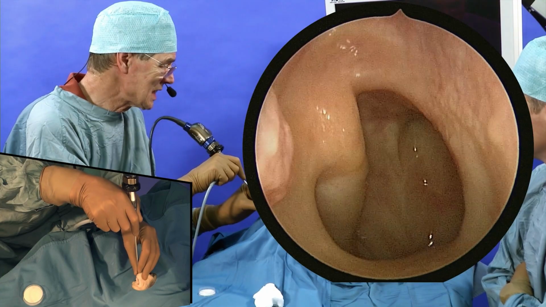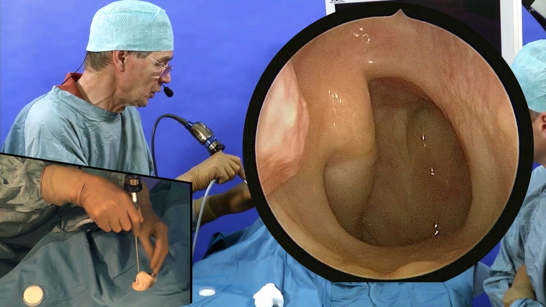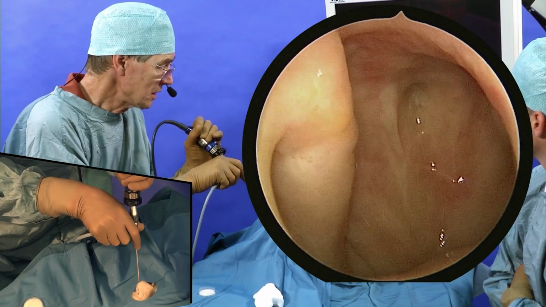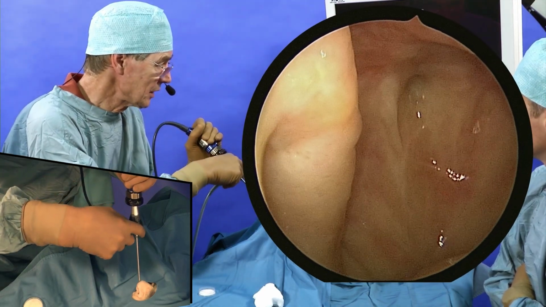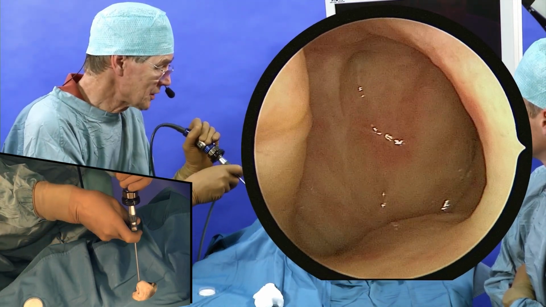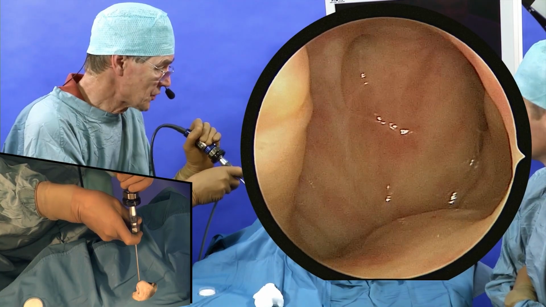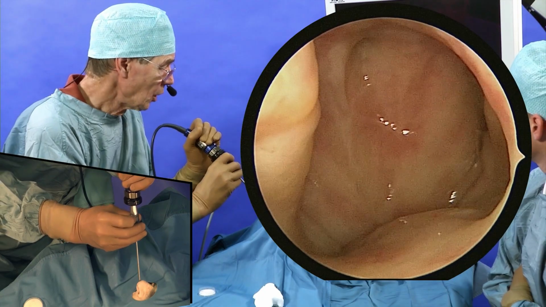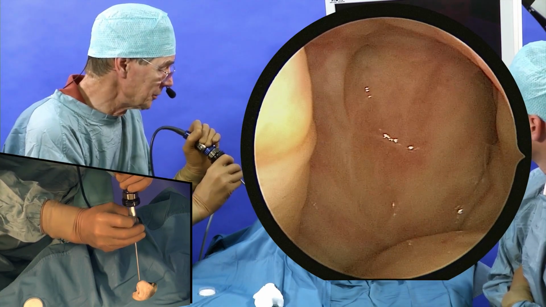This is the 15 degrees, almost straightforward view, and I now enter the nasopharynx, rotate the telescope so that it points towards the patient's left, and now alternate my angle of view.